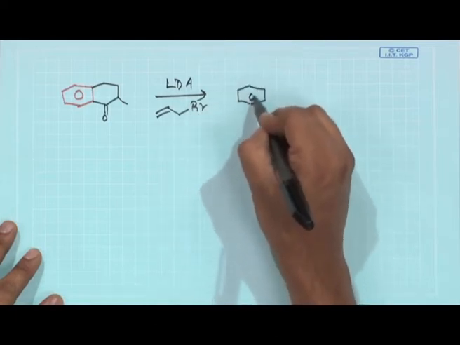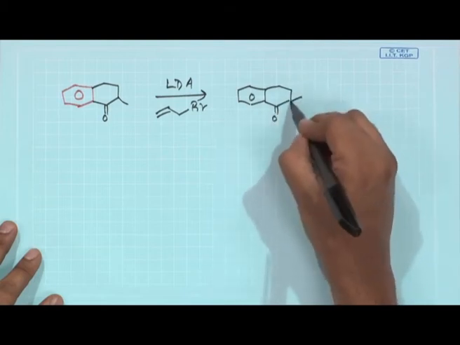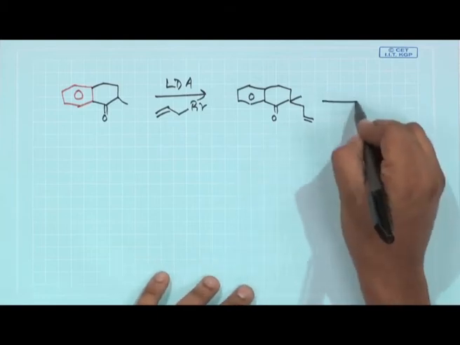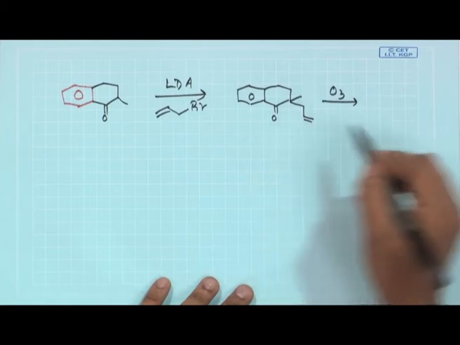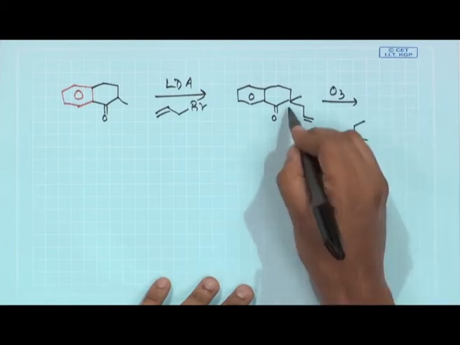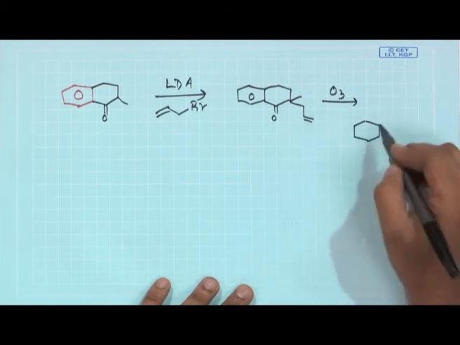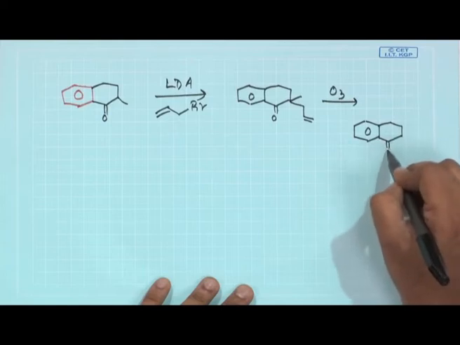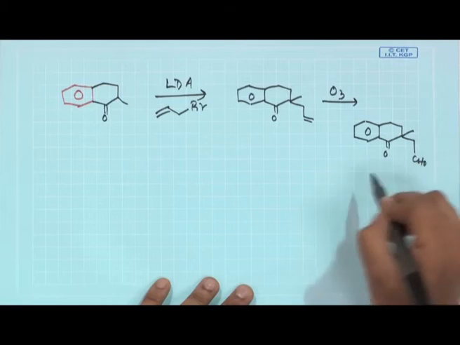So, we will basically get the all carbon quaternary stereocenter. Now, we will cleave it through ozonolysis, this oxidative cleavage, all carbon quaternary center here, and then this terminal olefin will be chopped to give you this CH2CHO.